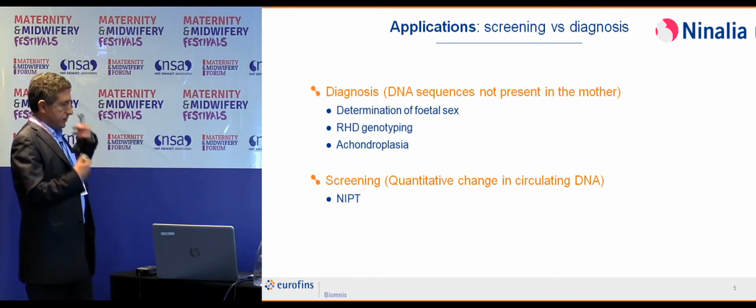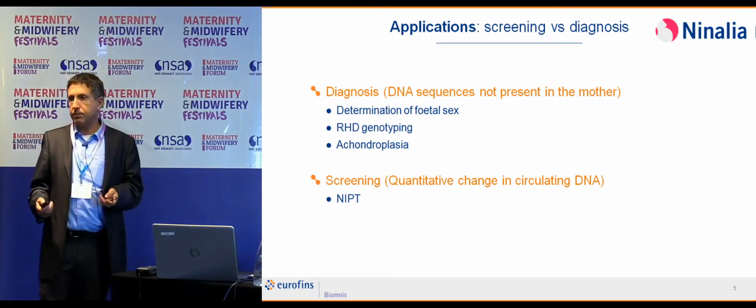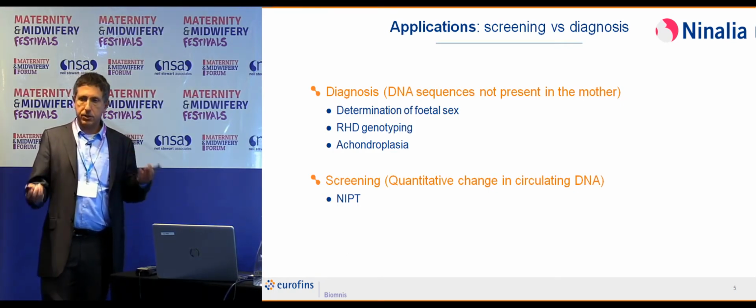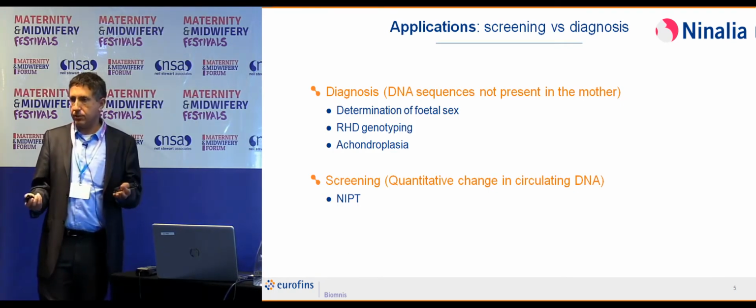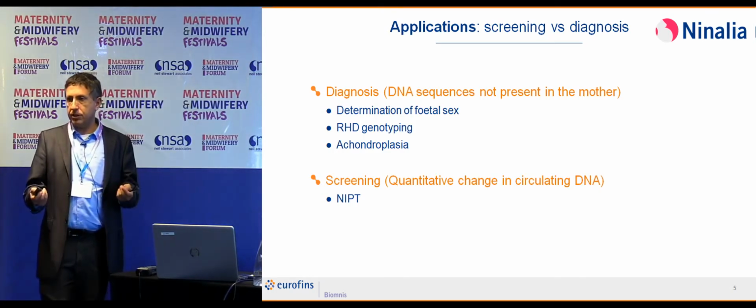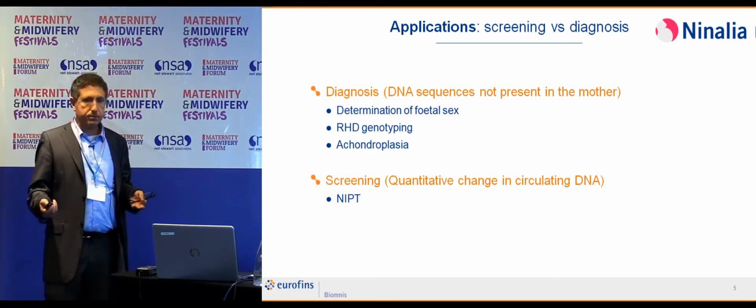The same meaning applies for RHD genotyping. We do genotyping only for mothers who are RHD negative. So if we find parts of the RHD gene in the mother's blood, it means that the fetus is positive.